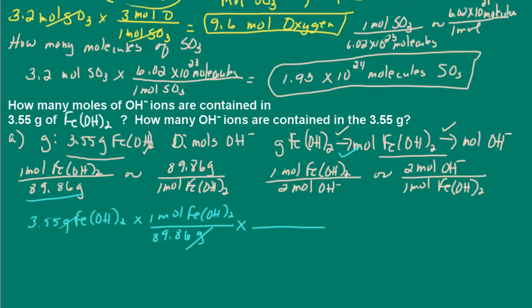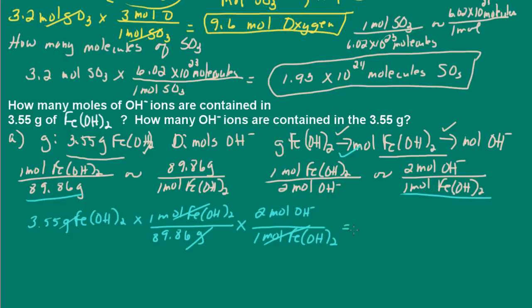Now I'm converting moles of iron 2 hydroxide to moles of hydroxide ion. So I'm going to use conversion factor number 2 here. We have 2 moles, because remember, I want to cancel out moles of iron 2 hydroxide and be left with moles of hydroxide ion. So 2 moles of hydroxide ion for every mole of iron 2 hydroxide, and that cancels out.